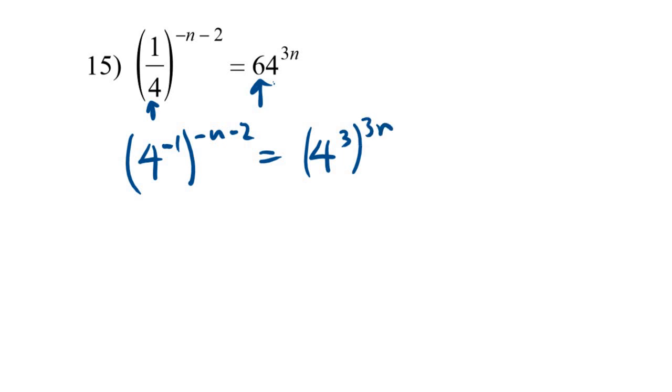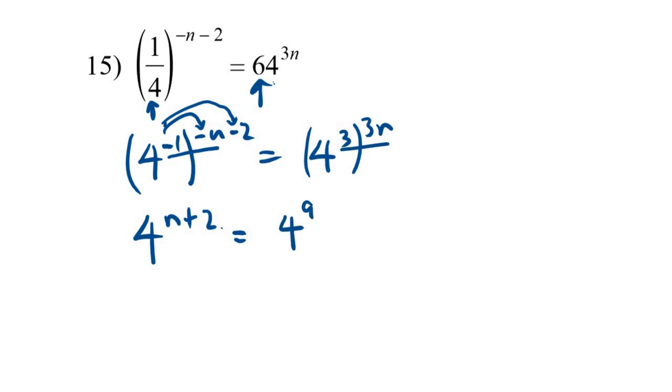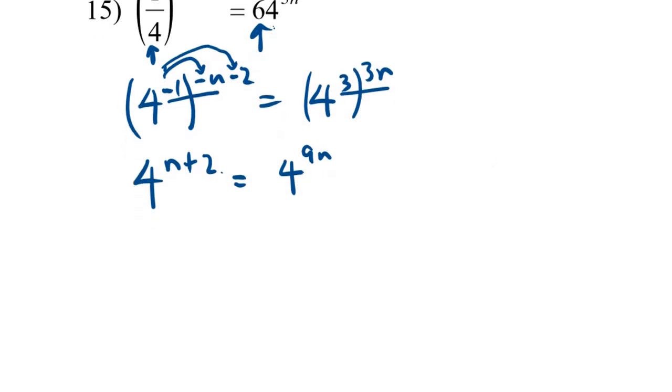Now be careful to distribute this negative 1 to each of them. Be careful about that, okay? So 4 to the power of n, because negative 1 times negative n is n, and then negative 1 times negative 2 is plus 2. And then this is going to be 9n at the exponent. We're almost done. We have the same base, so set the exponents equal to each other.